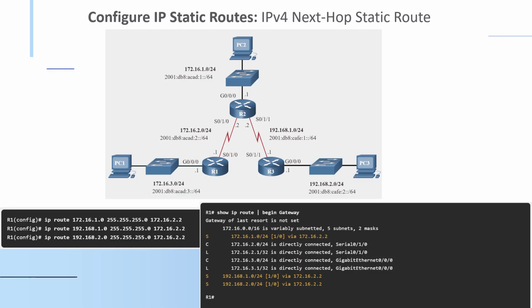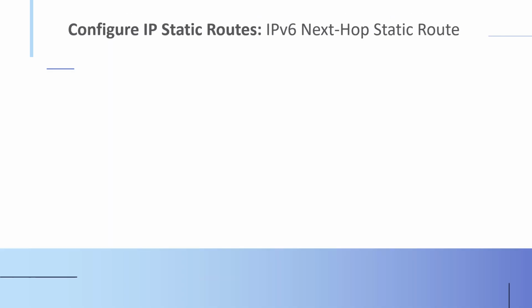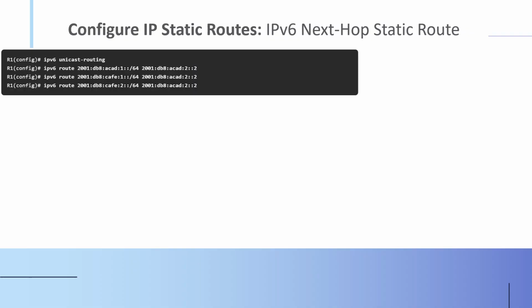Similar to this, let's configure the IPv6 next hop static route. The commands are slightly different, so depending on the dual stack topology that we have, we start configuring at the global configuration by using ipv6 unicast-routing.